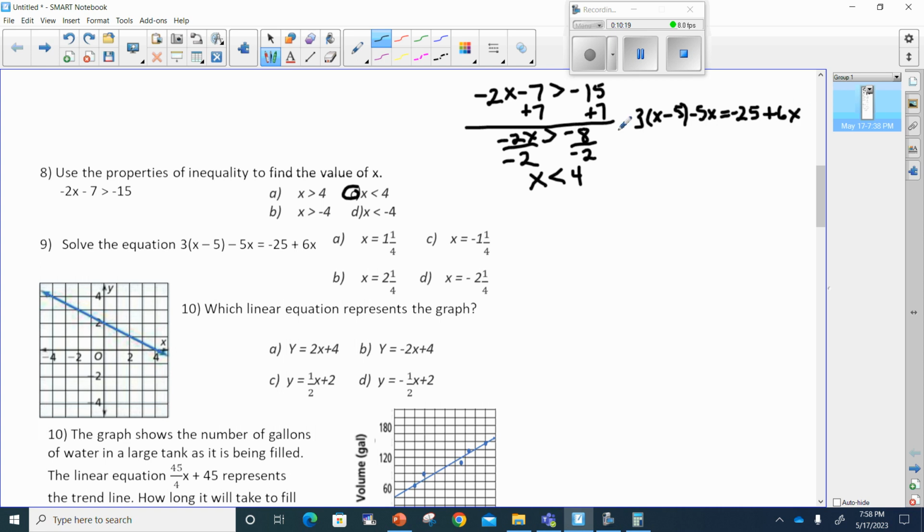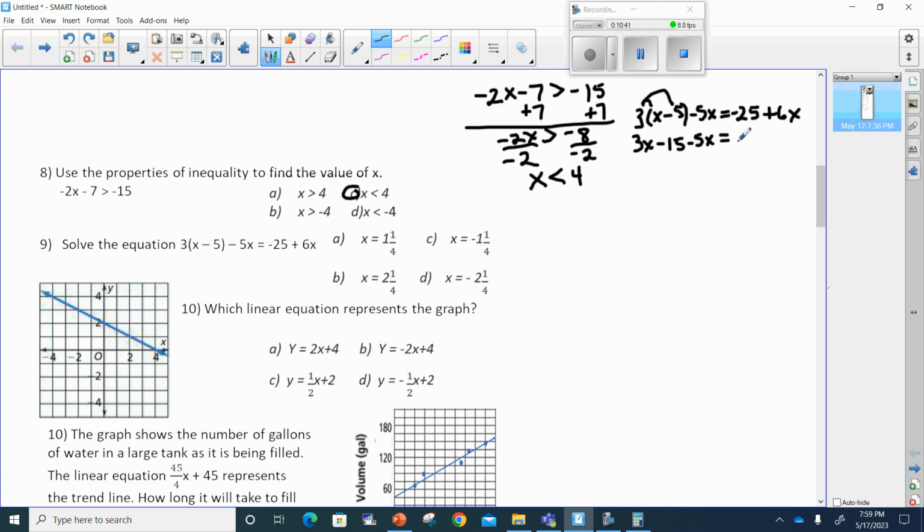All right, let's distribute properties first. We have to do that because PEMDAS must be done on each side before we do PEMDAS backwards. 3 times x is 3x. 3 times negative 5 is negative 15. And then we're going to minus 5x.